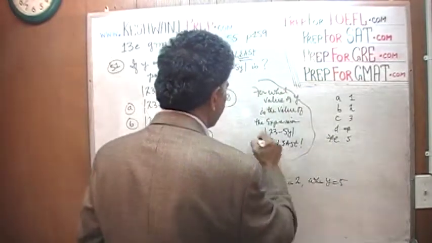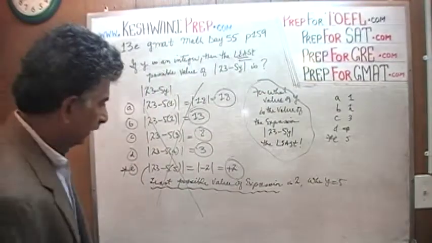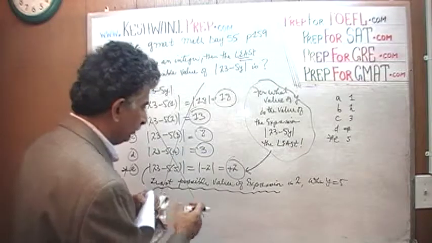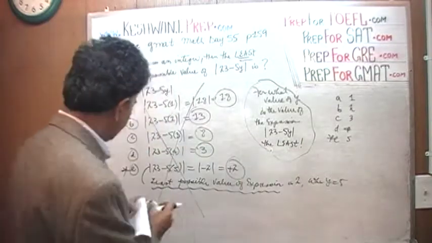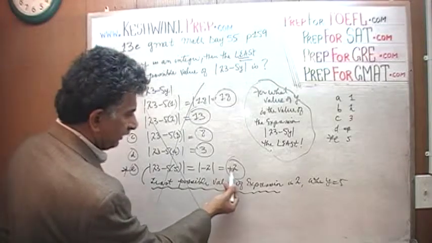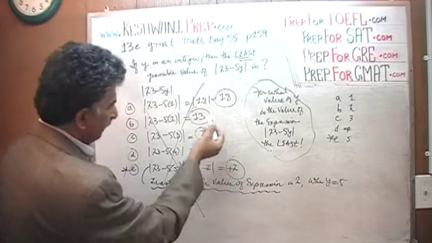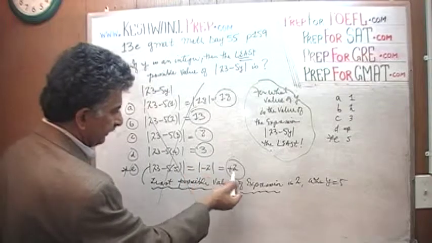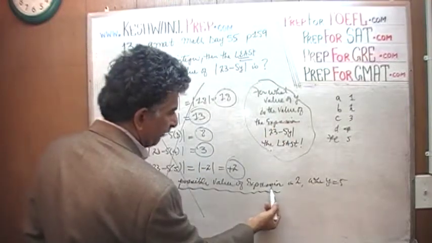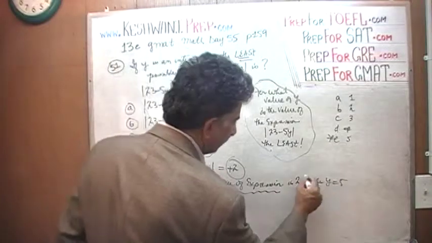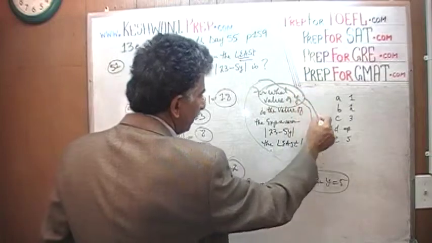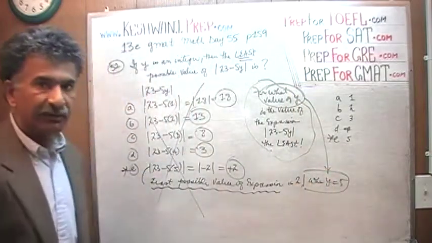Had this been the question, then this would have been the answer. I don't mean to put an arrow to the 2 here, then this would have been the right answer, because here the least possible value of the expression, you see 18, 13, 8, 3 and 2. What is the least possible value of the expression is 2 when y is 5. The question here is, for what value of y is the value of the expression the least?